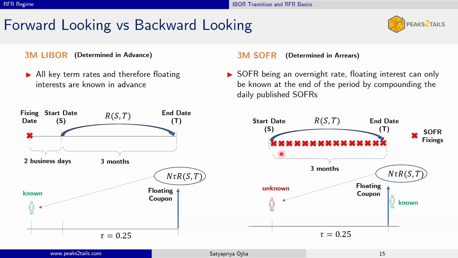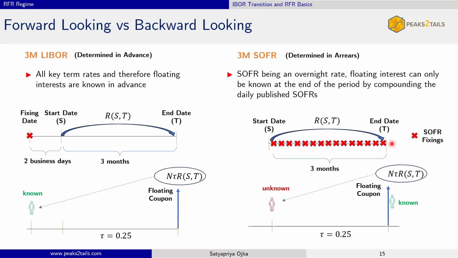It's only after all these Sofr daily rates are published day by day, when all the daily rates that are part of this contract period are published, only at the end you would be able to compound all of these daily rates and come up with the final settlement, the floating interest payment that will be part of your settlement. There is no way to know this in advance.